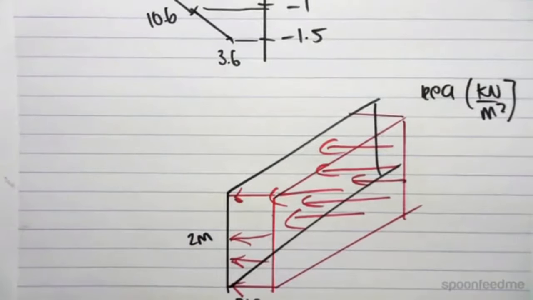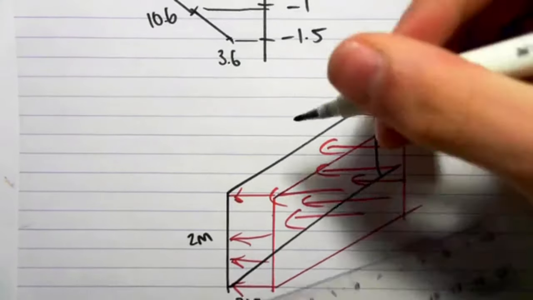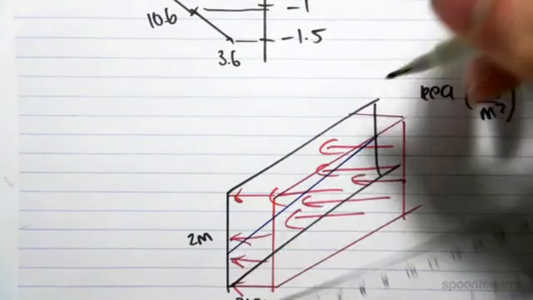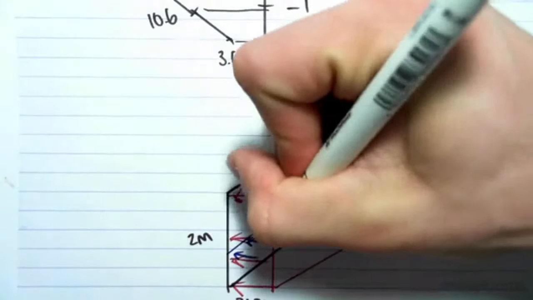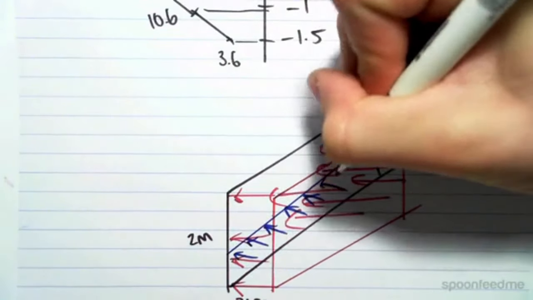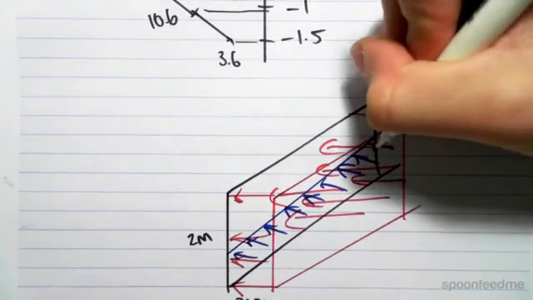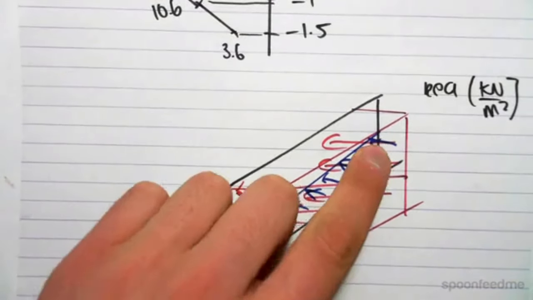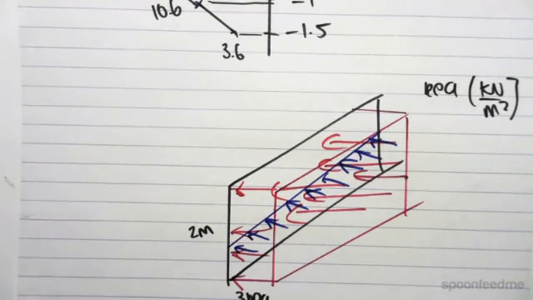If we wanted to work out an equivalent line load, which I'm going to draw in blue to distinguish it, going into the wall, okay, so like this, you guys might have even seen this before in structural mechanics or something. So we want to convert this pressure load into a line load going into the page, so going along the wall.